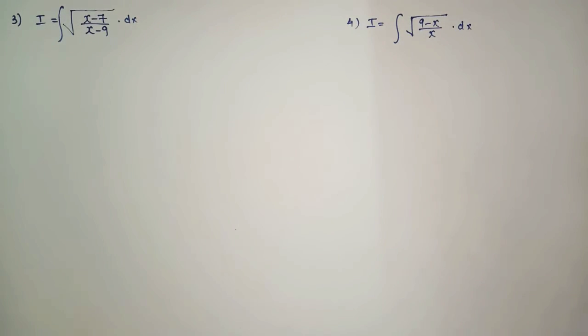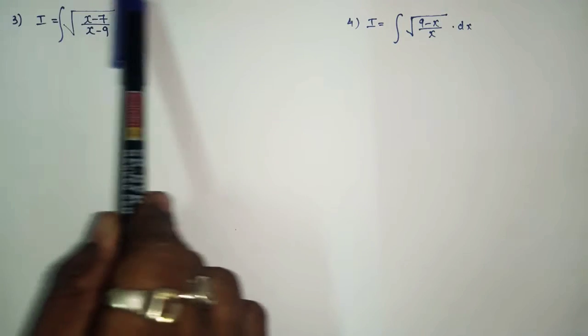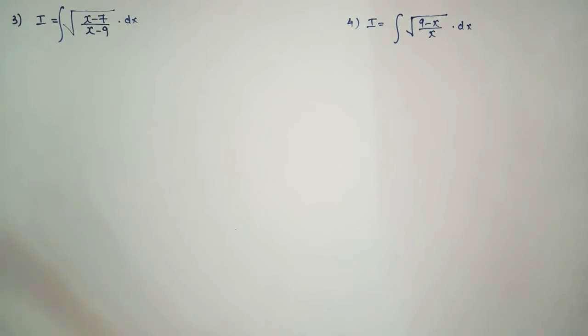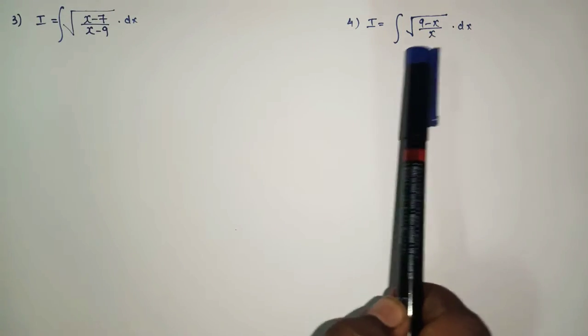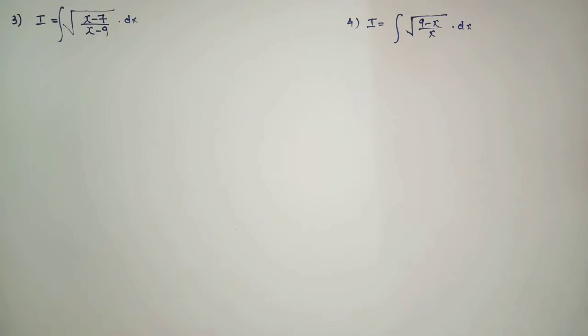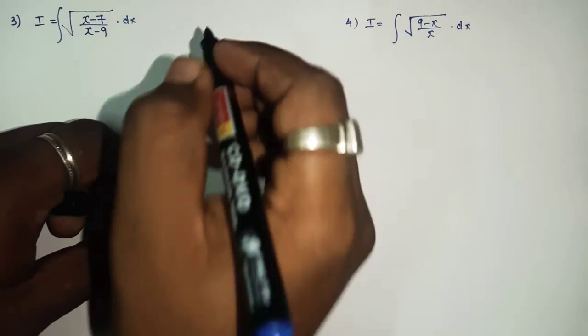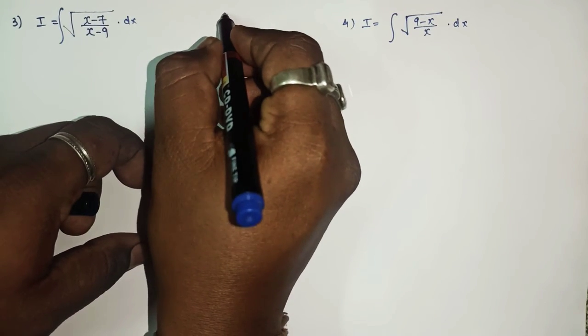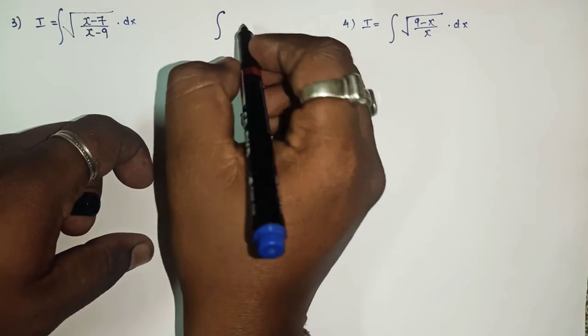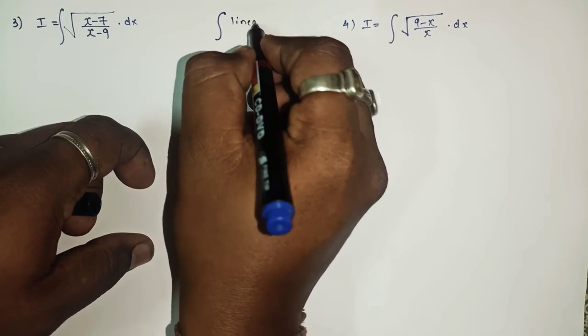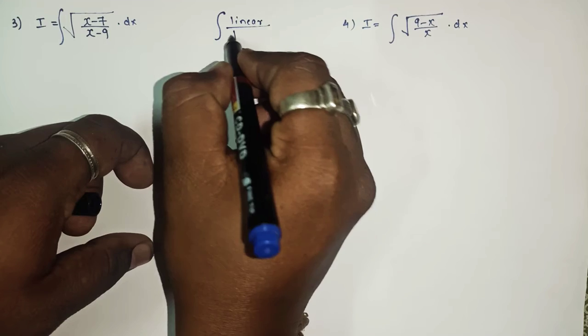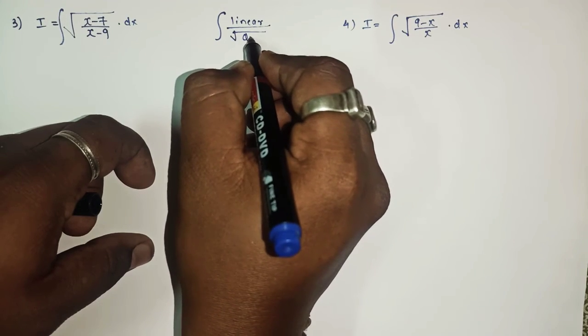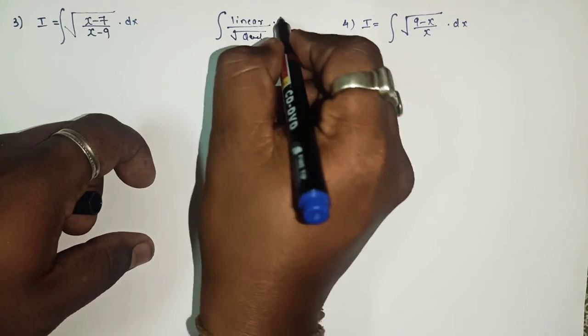See here the format, it is a little different. We have root, and numerator and denominator both contain linear. Here also both sections contain linear. And as per the rule, our format says that in the numerator we require linear, and in the denominator it should contain root quadratic. Yes or no?